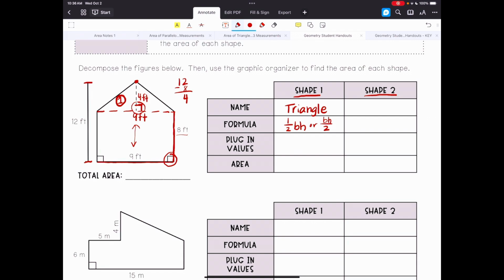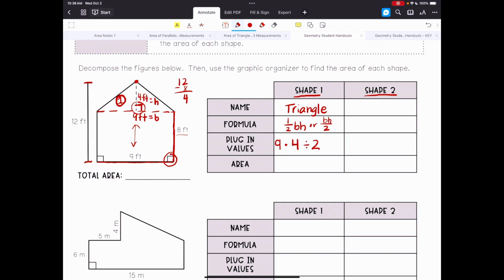All right, plug in values. So let's identify those plug-in values. The base of my triangle is that 9 feet, and the height of my triangle is the 4 feet that we found. So let's plug that in. I want to do my base times height, which is 9 is my base, times my height of 4, and then we're going to divide all of that by 2.